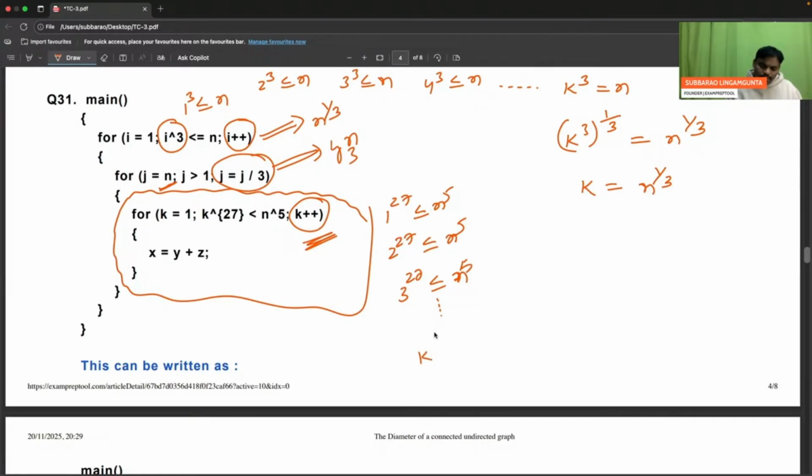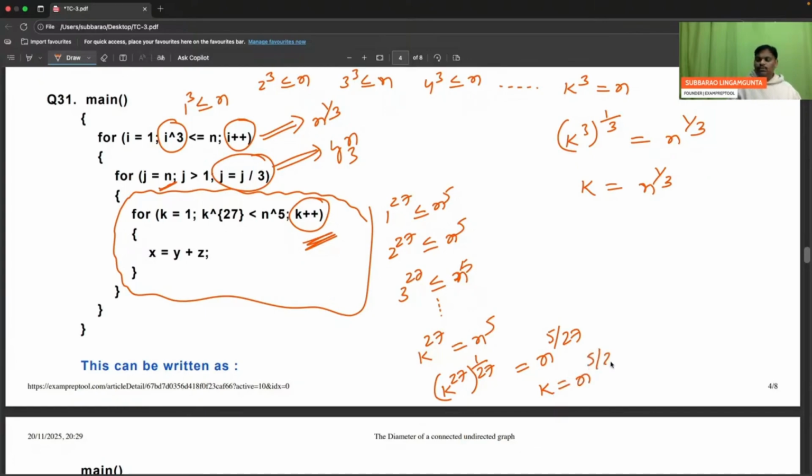So assume after repeating k times, k power 27 is equal to n power 5. Finally I want the k value. So k power 27, be careful, take the whole power 1 by 27, because I want k. n power 5 whole power 1 by 27 becomes n power 5 by 27.